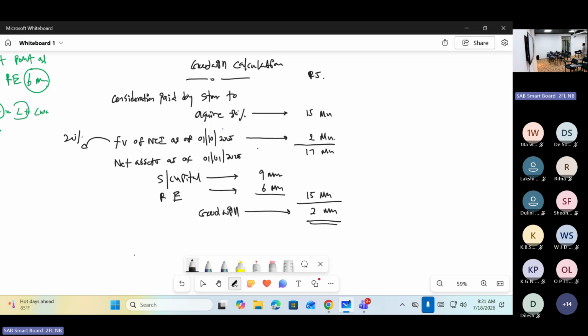Altogether, we have an excess of 2 million. That excess 2 million they have paid because of the non-identifiable asset. What is that non-identifiable asset? That's called goodwill, right? That's 2 million.